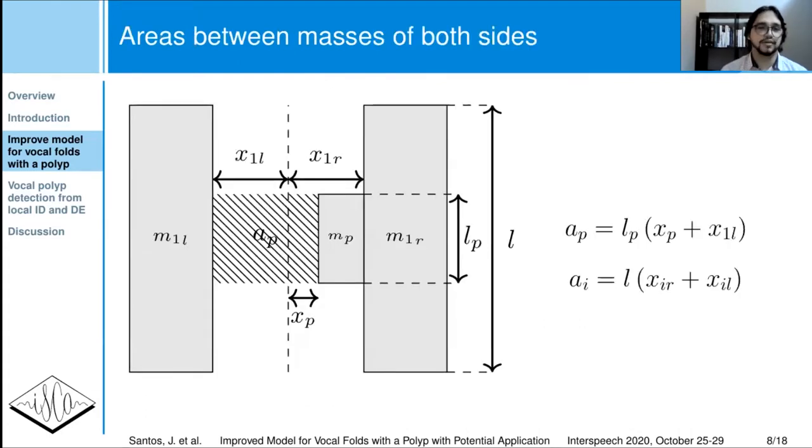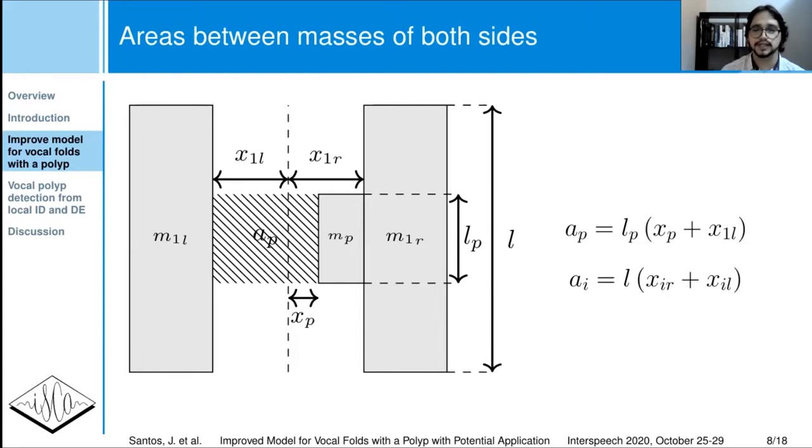And to calculate the variables related to the model, we could use the areas between masses of both sides. So to calculate the area between the polyp and the other mass on the other side, we use the displacement of the polyp mass added to the displacement of the other mass, and all of this multiplied by the length of the polyp mass.